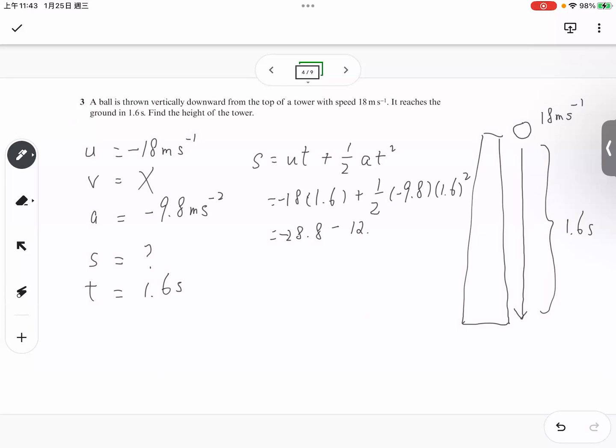So this is negative 12.544. So we will add it back to the 28.8. So you will see this is negative 41.344 meters. So that means the height of the tower is 41.3 meters. So this is the answer of question 3.